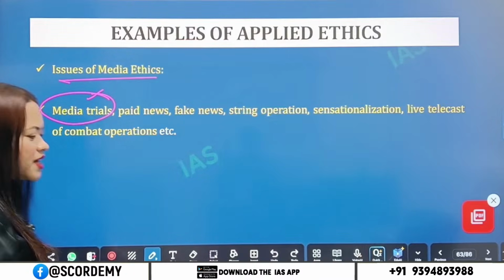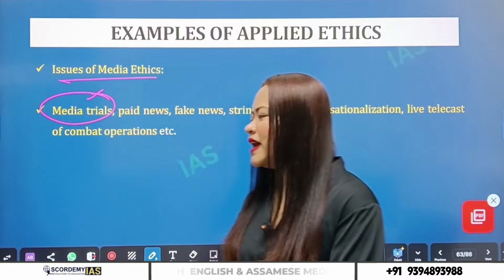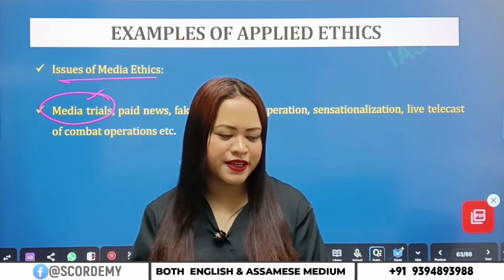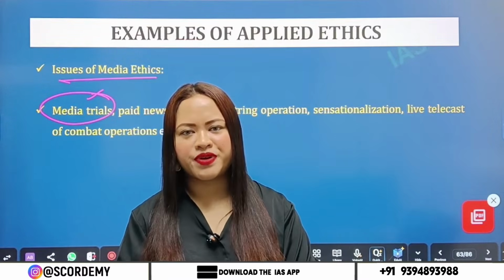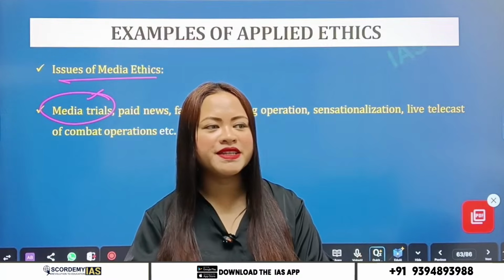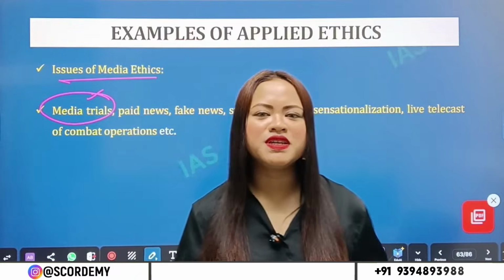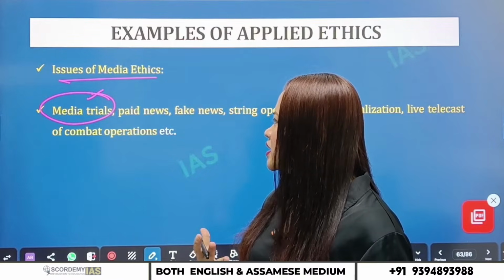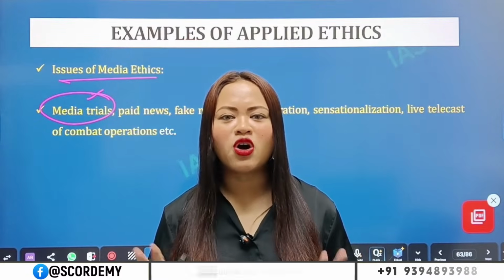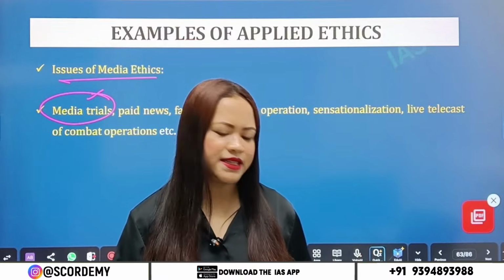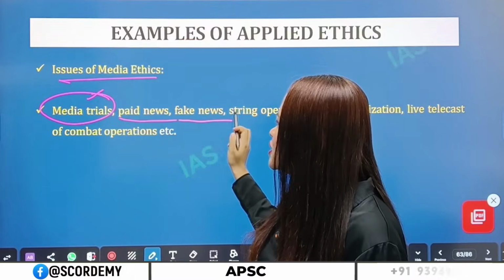Instead, they start running parallel investigations, parallel trials, and declare an accused person guilty, depriving that person of their right to a free and fair trial, not giving them the benefit of doubt, actively violating a person's right to be called innocent until proven guilty. That is media trial. Then we have paid news, we have fake news.